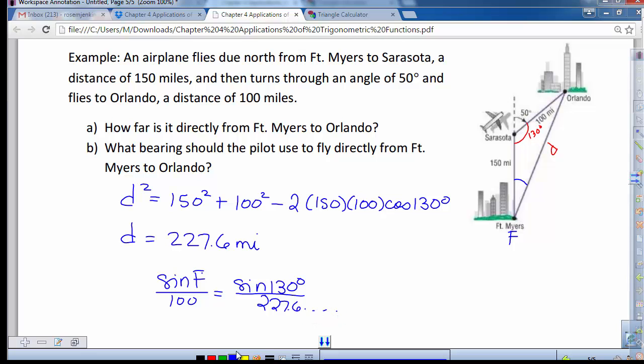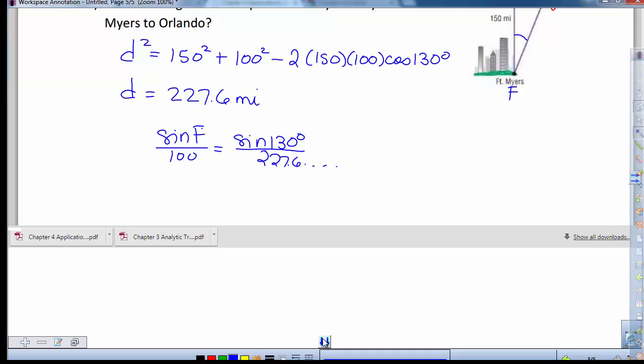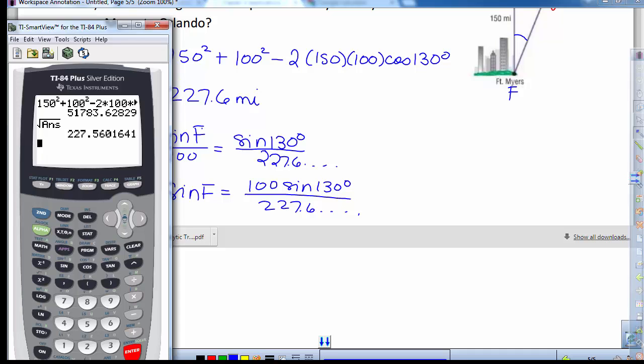okay? Or sine F equals 100 times sine of 130 degrees over the 227.6. And so on our calculator, we'll say 100 times sine 130, divided by our previous answer, so second answer.